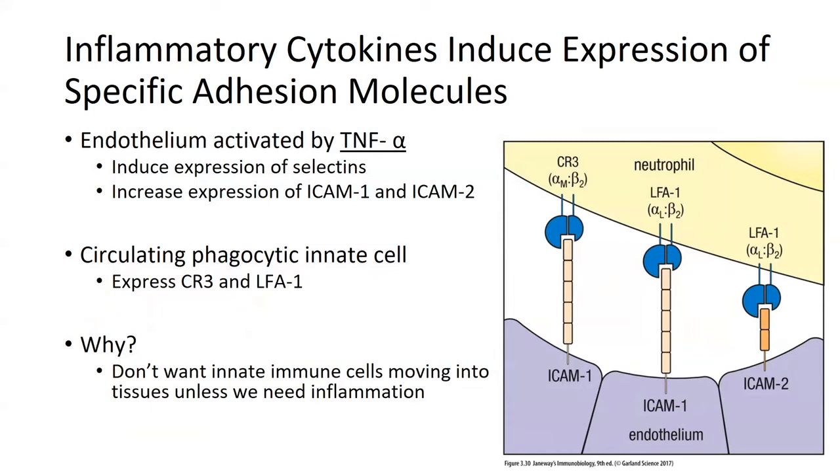It's sort of a master regulator that activates a bunch of inflammatory responses. So this is a secreted molecule that plays a role in activating the endothelium. And again, one reason this is so important is that we do not want excess immune cells moving into a tissue unless we want that tissue to become inflamed because we're actively fighting infection.